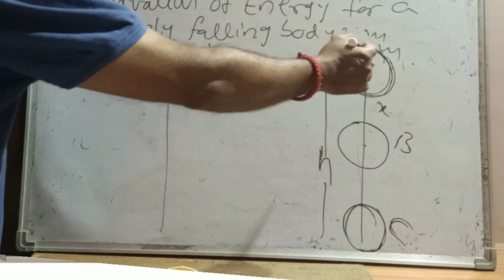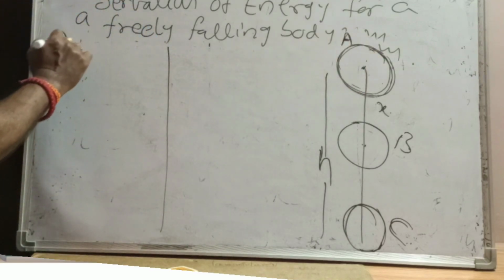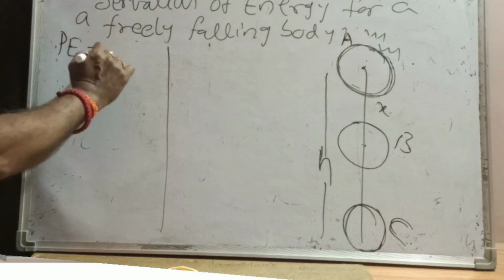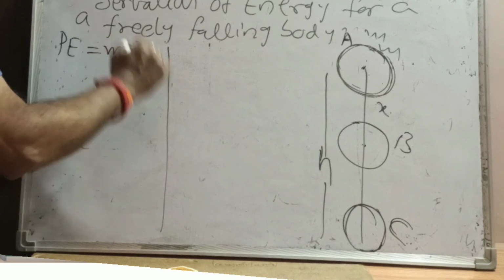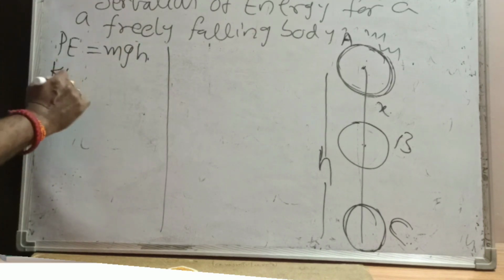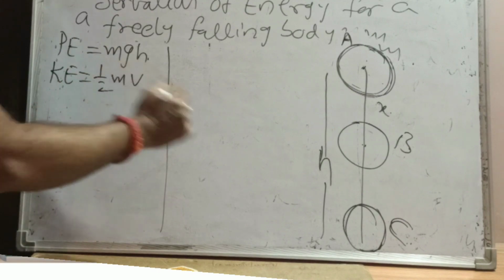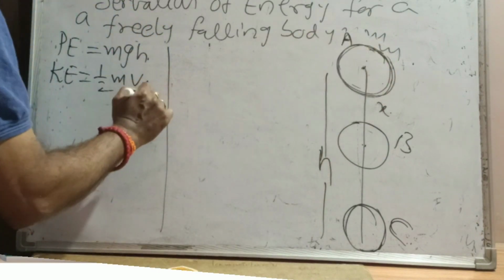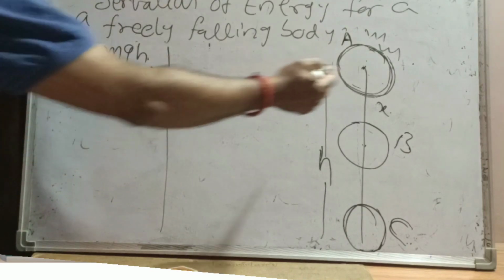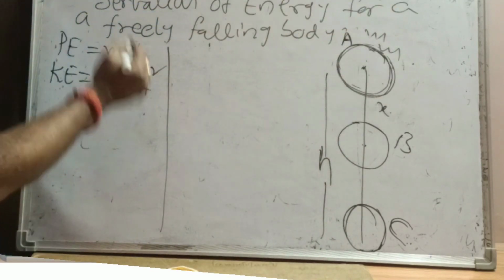At the point A, potential energy is maximum, mgh, whereas kinetic energy is 1 by 2 m into velocity at this point, let it be va, va square.